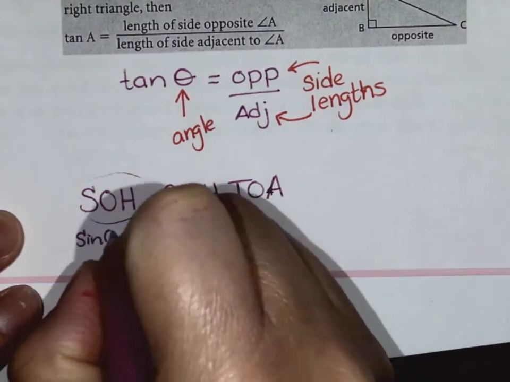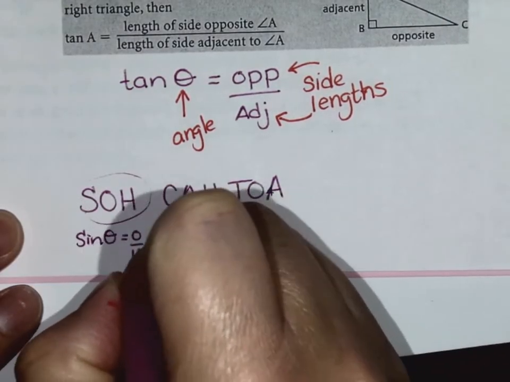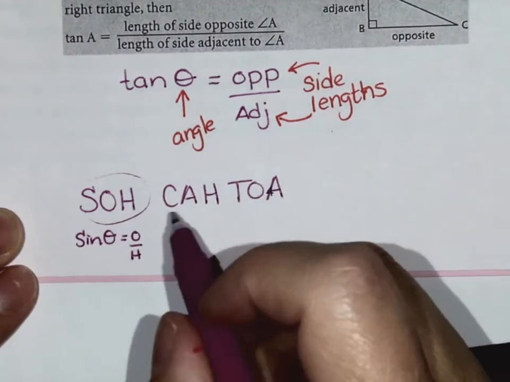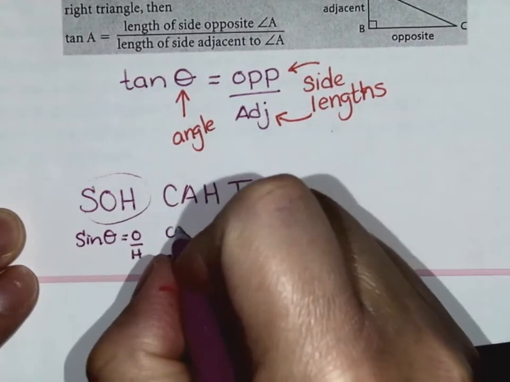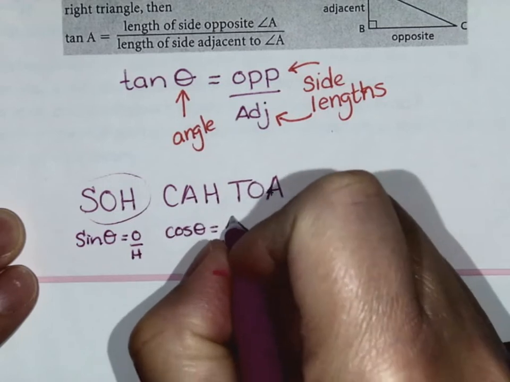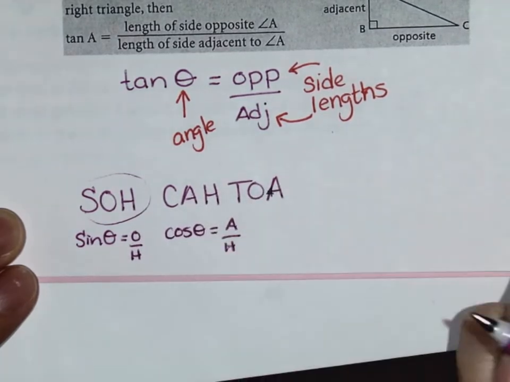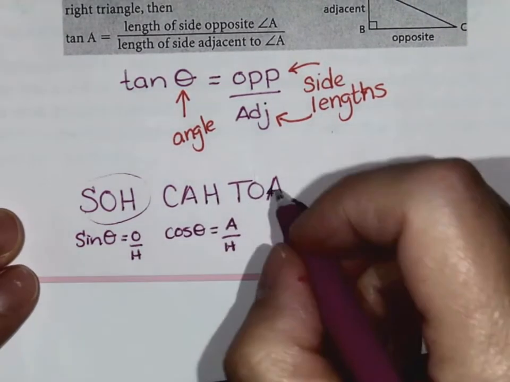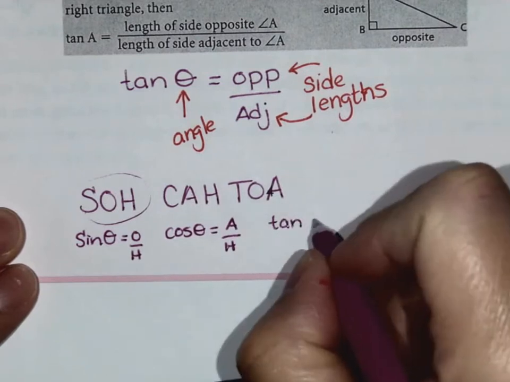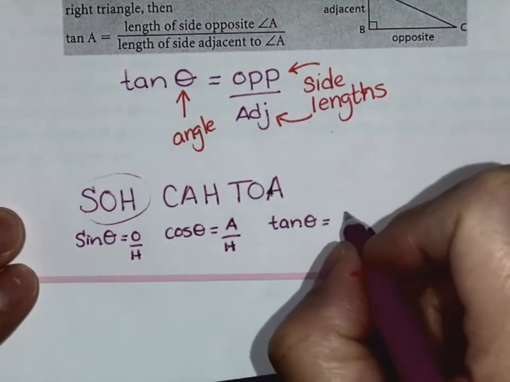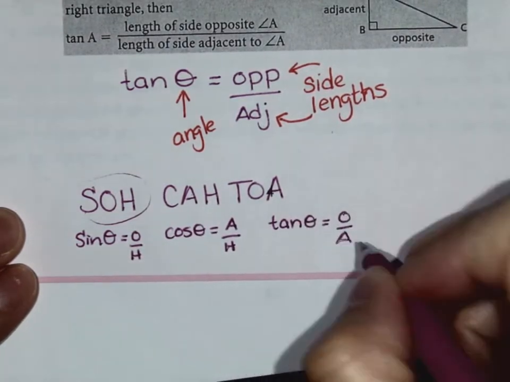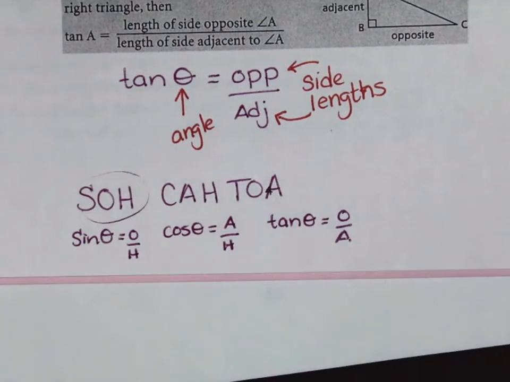CAH is your cosine. So cos of the angle is equal to the adjacent over the hypotenuse. And the TOA is tan of the angle is equal to opposite over adjacent. So there's where the SOHCAHTOA comes from.